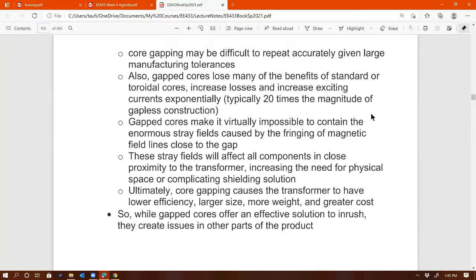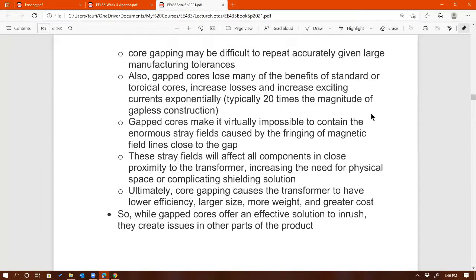Because an air gap elongates the BH curve. Basically, you're making the slope of the BH curve lower, so that means mu is going to be lower, and in turn that results in a larger capability of that core to store energy. So for some applications, such as a flyback transformer, you do want to have a gap in the core.